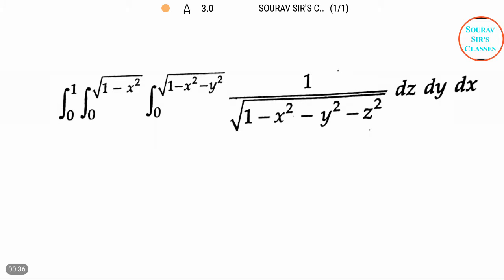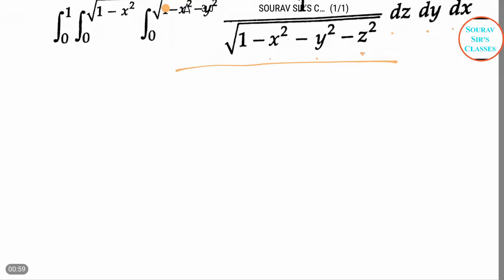Here it's given: integration 0 to 1, integration 0 to root over 1 minus x square, integration 0 to root over 1 minus x square minus y square, 1 by root over 1 minus x square minus y square minus z square dz dy dx. So let's get started.